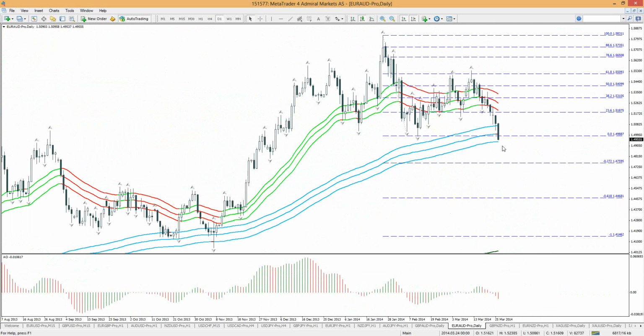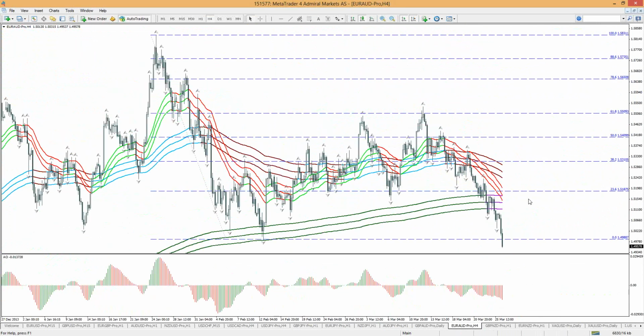Now it's actually at the blue moving averages, but it broke this bottom, and therefore I think we're going to get some more follow through. So reversal trades are not really that interesting until we get way lower. The only thing I'm interested in is really retracements for more downside.